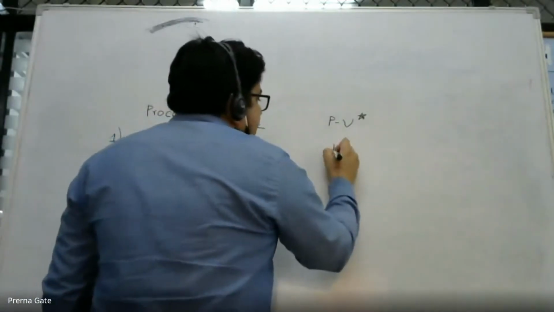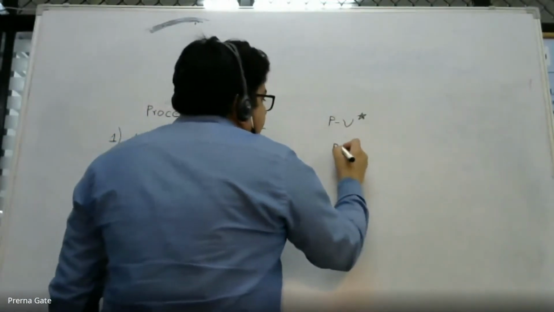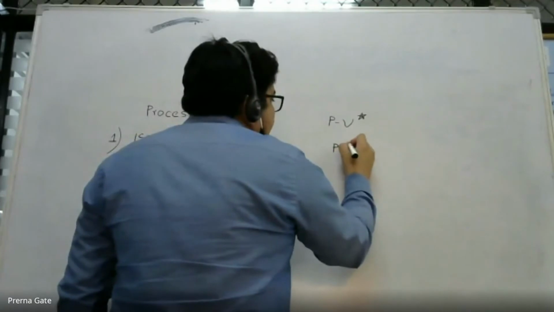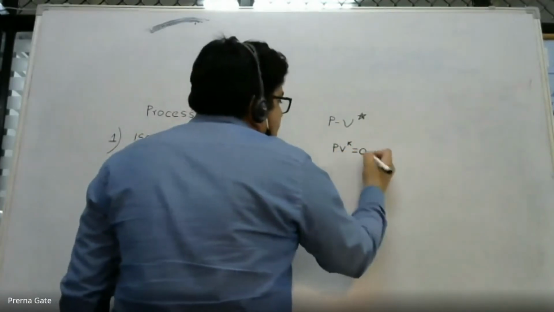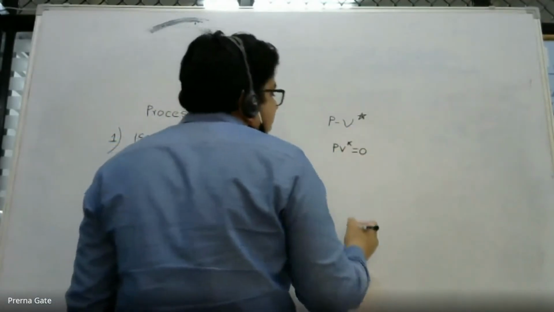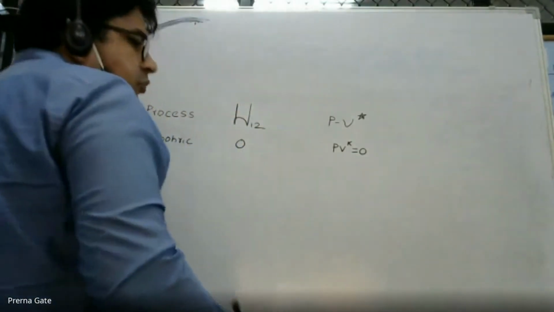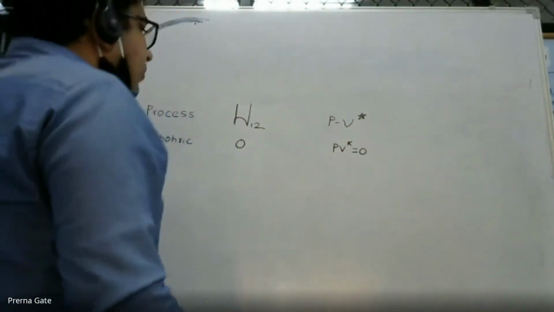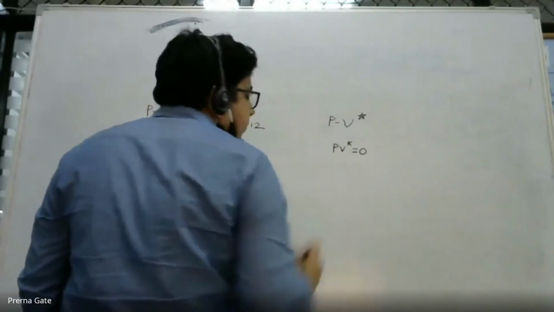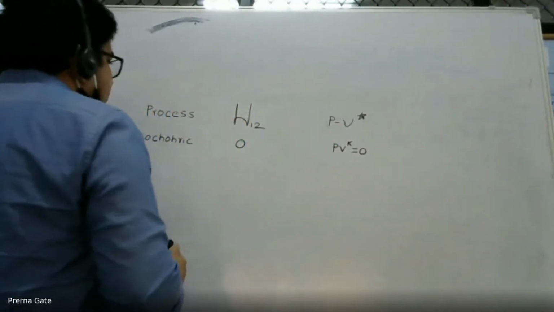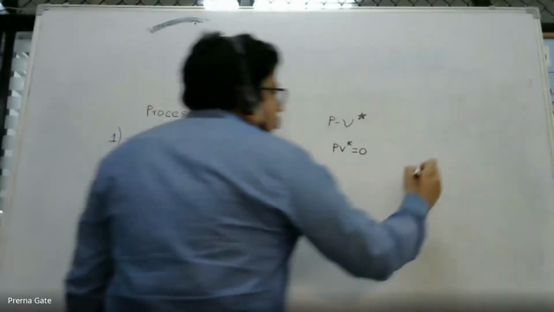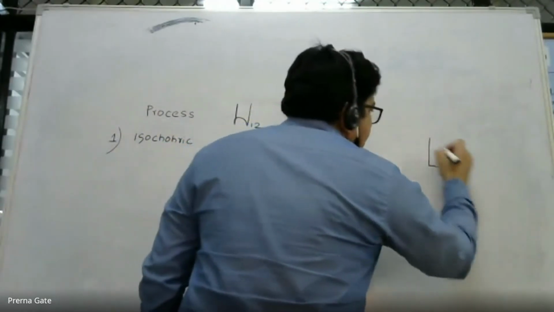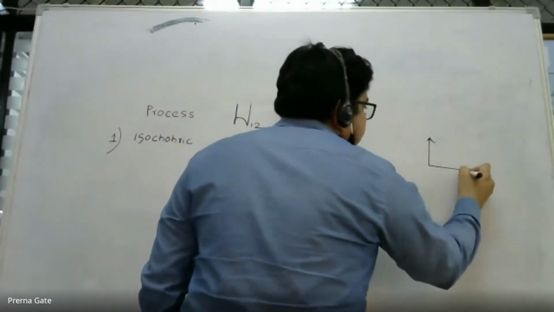And what will it be if I write it as PV to the power K as constant? This is to facilitate the comparison with polytropic and adiabatic processes. Can you tell me what will be the value of this K? And what is the shape of this PV graph?